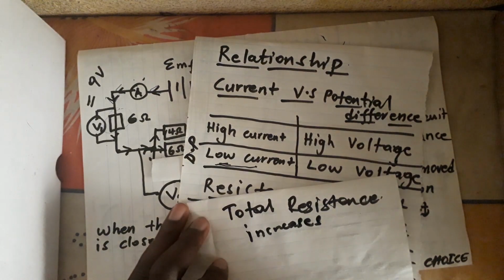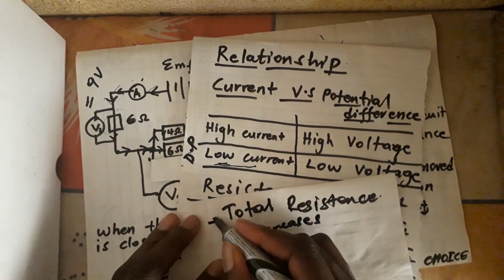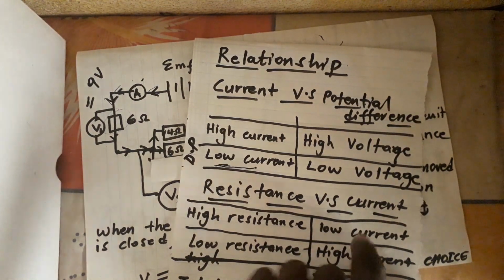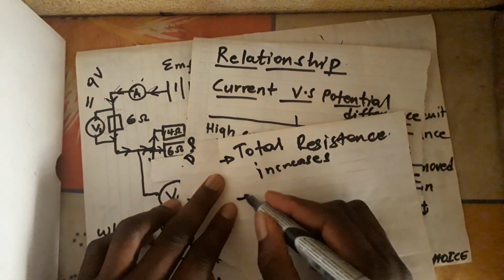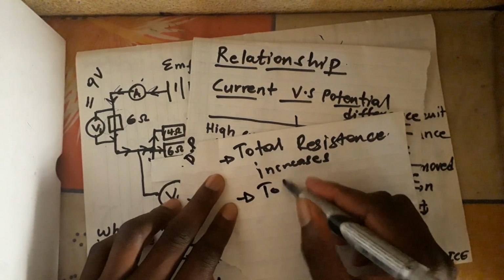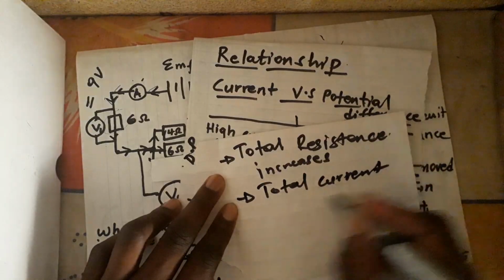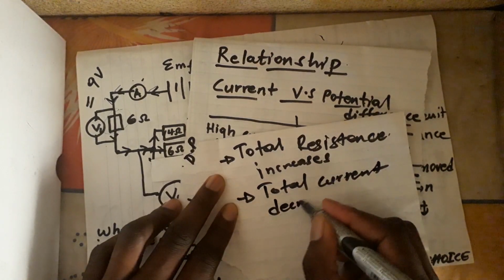The total resistance increases, and when the resistance is high, total current will decrease. Total current decreases.